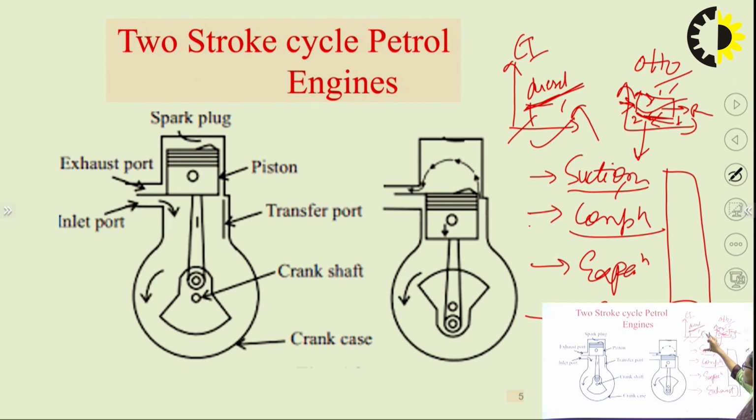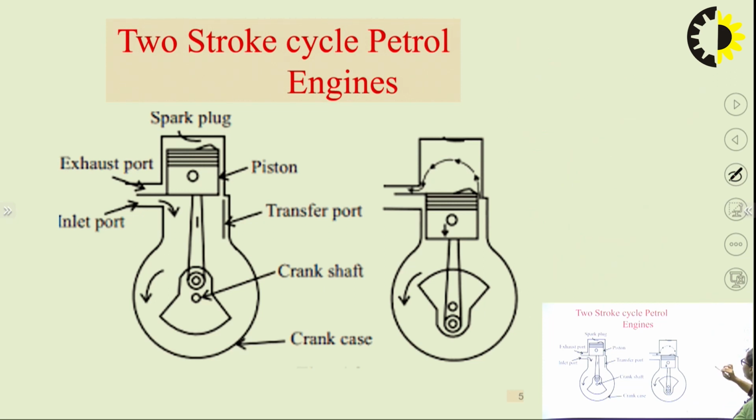We have to process all four processes given in the cycle, but at the same time we need to remember that we have only two strokes. It means we have to process all four processes, but in two strokes of the piston. So it becomes a little complicated.